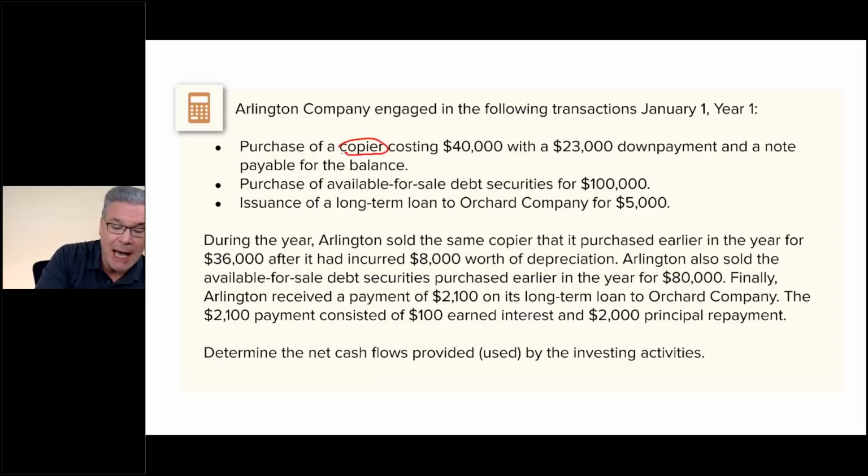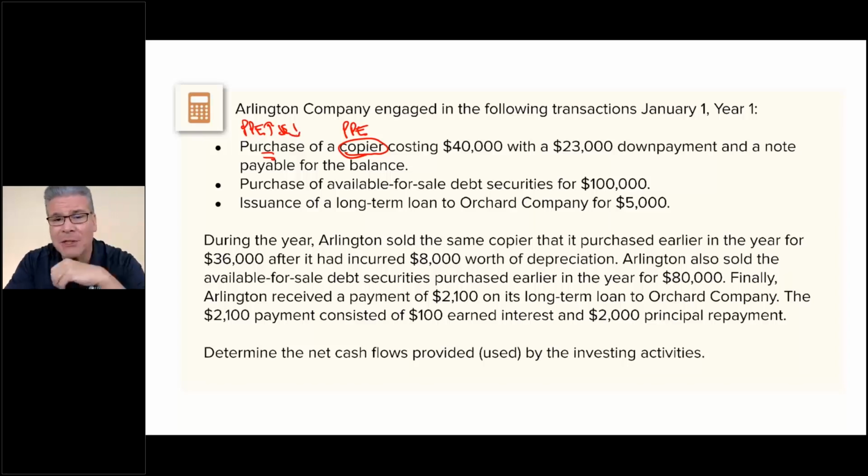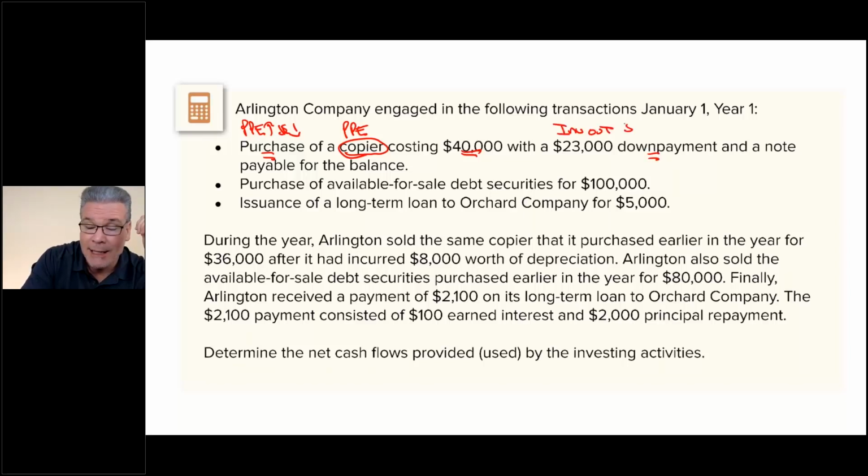We purchased a copier. As soon as I see that, PP&E, we're on the buy side. PP&E up, cash is going to go down. How much did we pay? Costing $40,000. Now, how much did we actually pay with cash? $23,000 down payment. That's going to be an investing outflow. Cash is going down by $23,000.